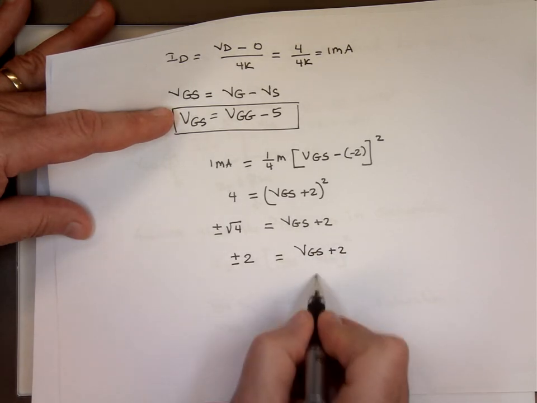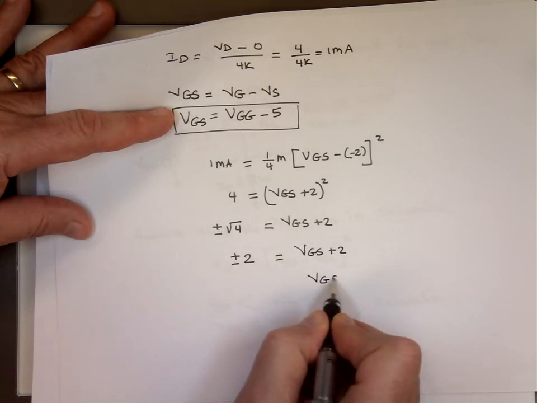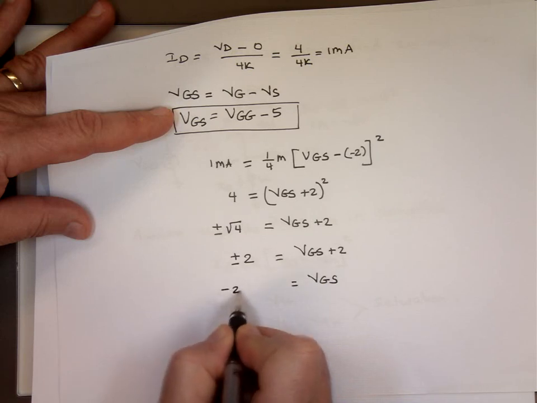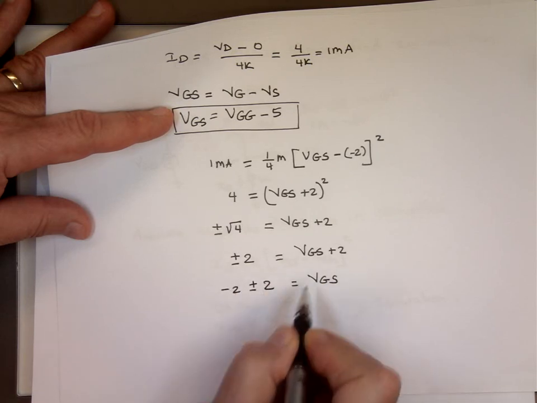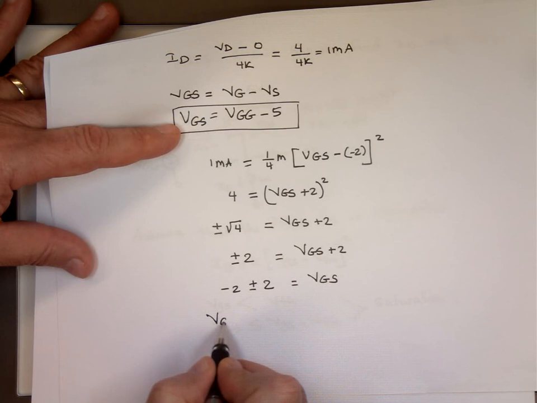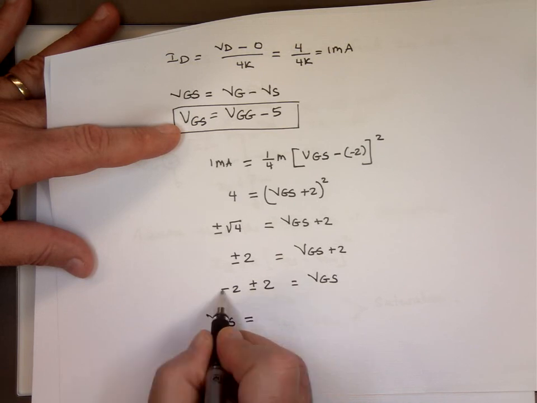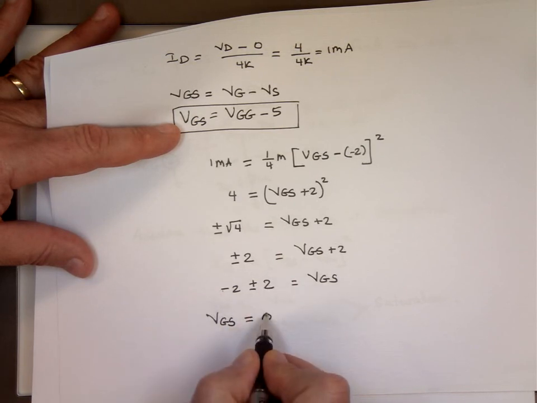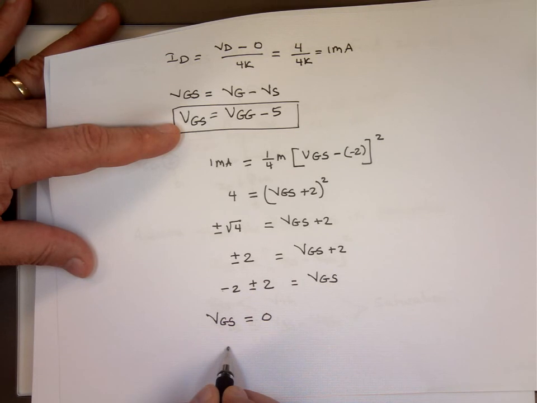And now to solve for VGS, we subtract 2 from both sides. So one solution for VGS is going to be -2 plus 2, which is 0. And the other solution has to be what for VGS? -2 minus 2, which is -4.